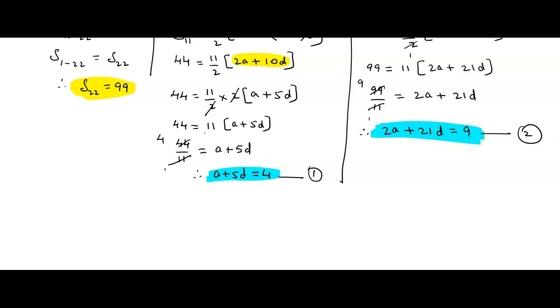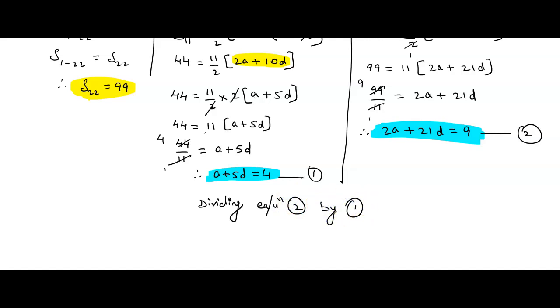Correct? Here we can see, children, a plus 5d is 4 and here 2a plus 21d is 9. So which is bigger? Equation 2 is bigger, right? So here we are dividing equation 2 by equation 1.